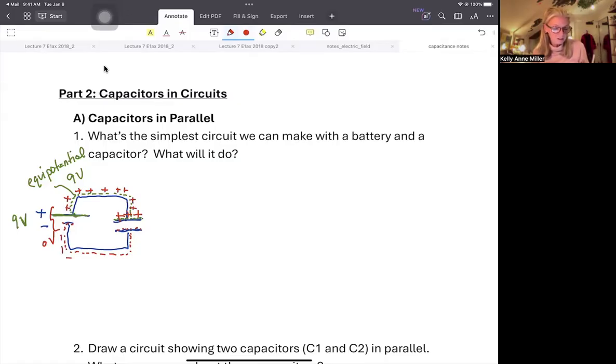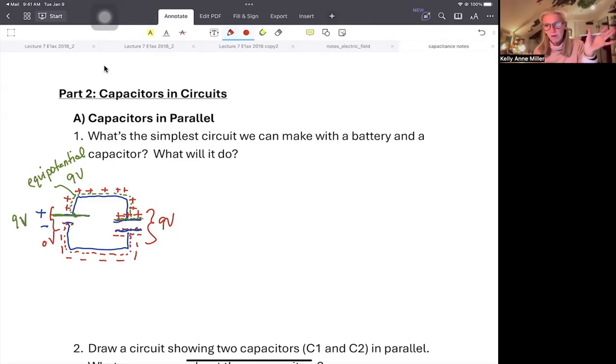You can conceptualize this in different ways, but let's say negative charge is flowing to this side of the capacitor and positive charge is flowing to the top plate. That flow of charge will occur until the difference between the two plates is also 9 volts. And then the charge will stop flowing.